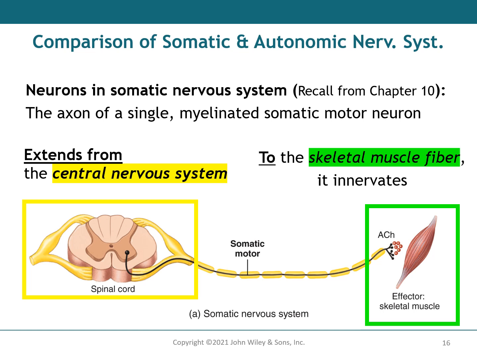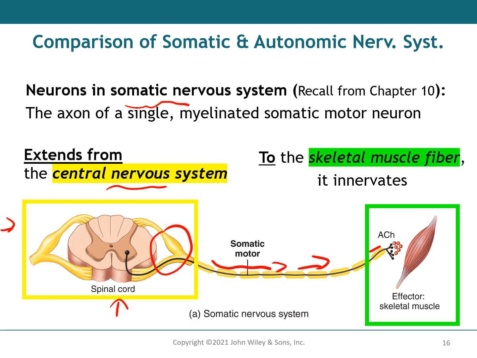Now let's continue comparing these two parts of the nervous system. In the case of the somatic nervous system, here you can see a neuron that is going to extend from the central nervous system. Here you see the spinal cord and the soma. Then you see the axon, and in the axon you see layers of myelin.